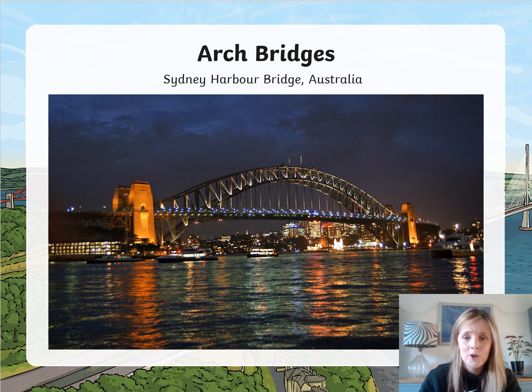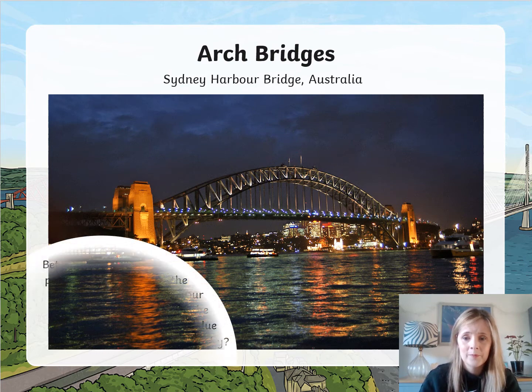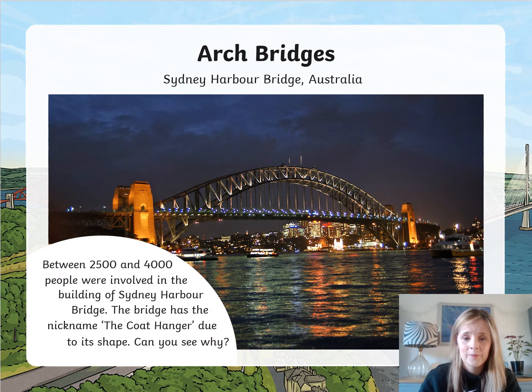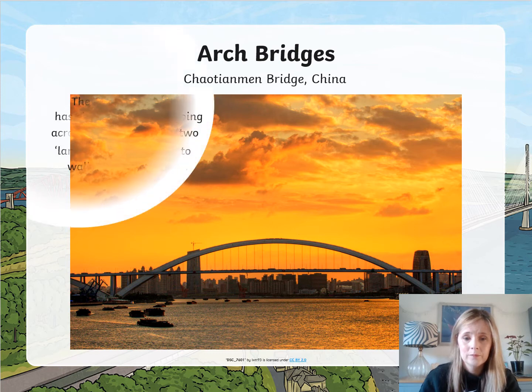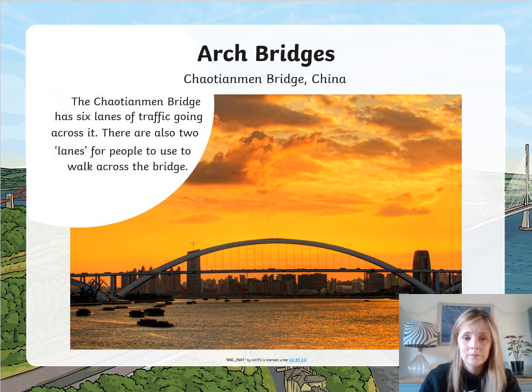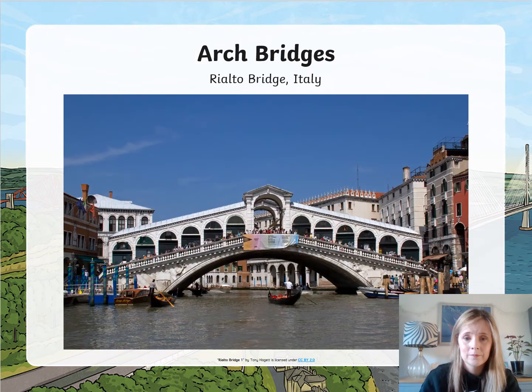Here's an arch bridge in Australia. It's called Sydney Harbour Bridge. Here is another one in China. And one in Italy. You see that gondola underneath?